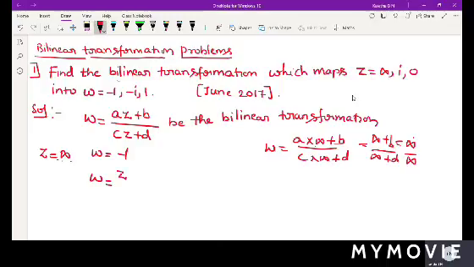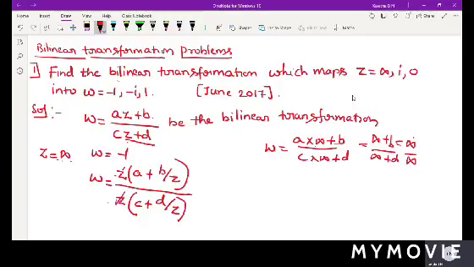Take z common in the numerator, z times (a plus b by z), and take z common in the denominator also, z times (c plus d by z). Here z gets cancelled, then remaining is (a plus b by z) whole divided by (c plus d by z).